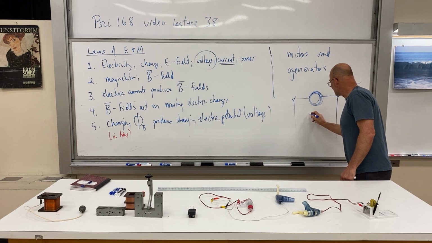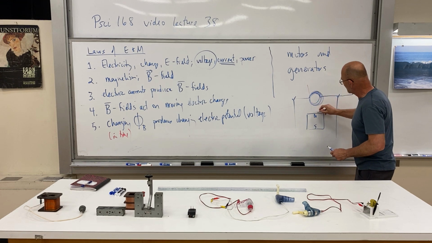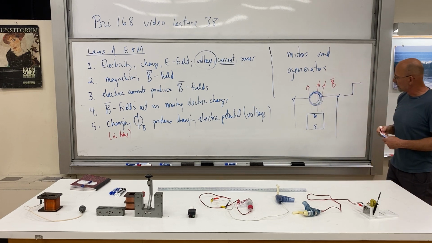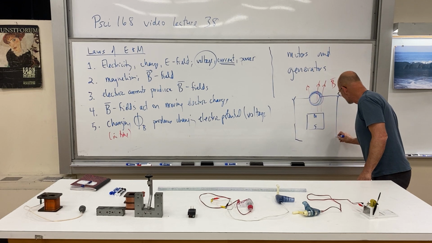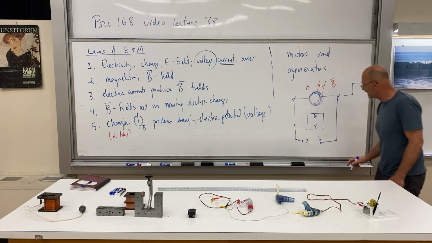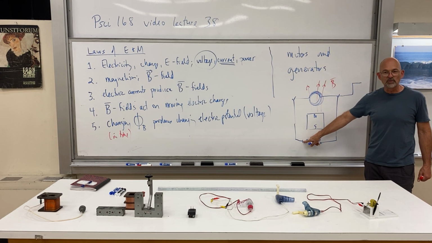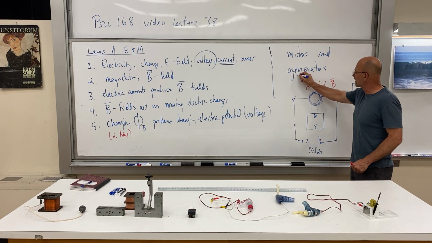And I have magnets, I'll indicate north and south pole, that produce a B field that I'll indicate with these arrows there. And since this whole conducting frame, I'll just name these points A and B, if I turn this handle here, I'm going to get a voltage between A and B that we can just name delta V sub AB. So that was our generator.